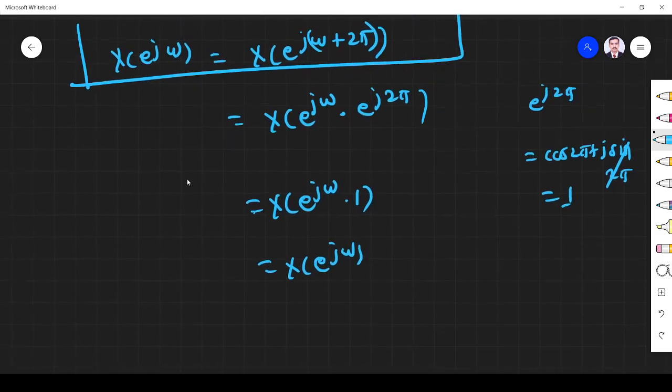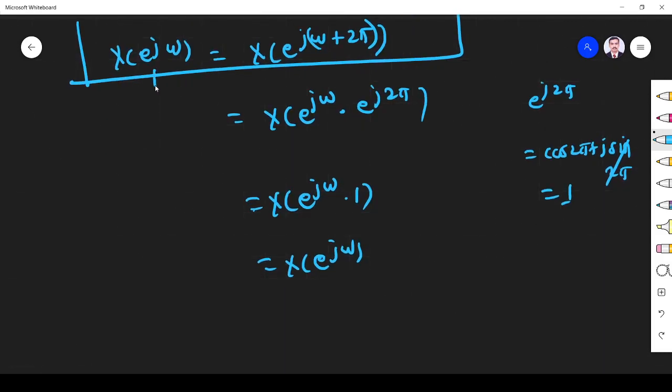So x of e power j omega is the spectrum of x of n. You see it is repeating after every 2 pi. If you substitute 2 pi, again I get the original. If you substitute 4 pi also, I will get the same thing.